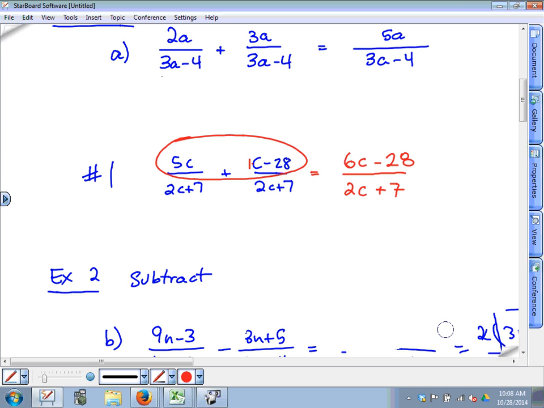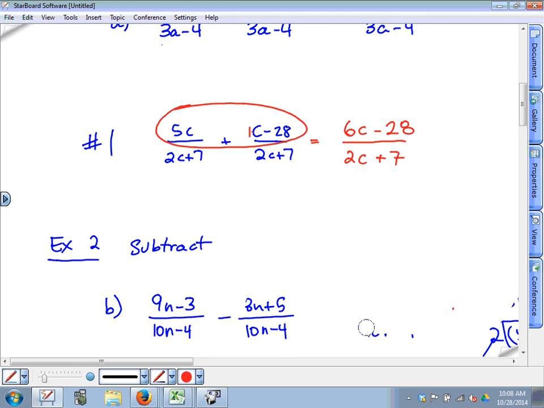All right, let's do part B on problem 2, this one here. Give this one your best effort. Example 2, part B here.